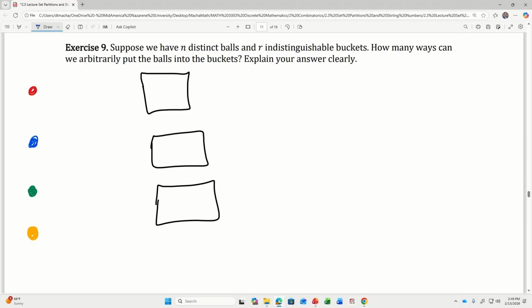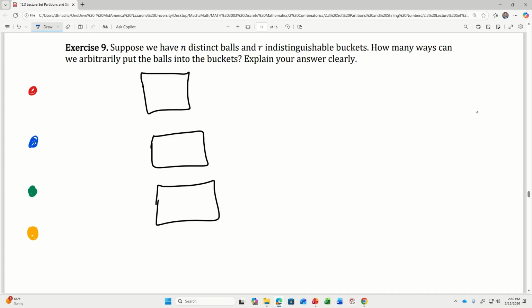I think this one's a really tough one, actually. Let me tell you what I think it is. I think what you would need is you would need to say I'm allowed to have empty buckets.